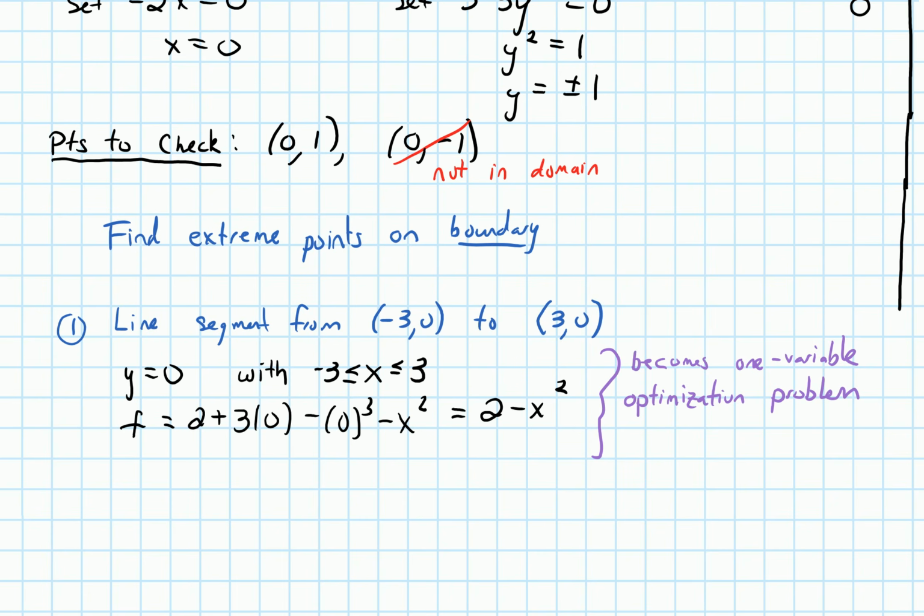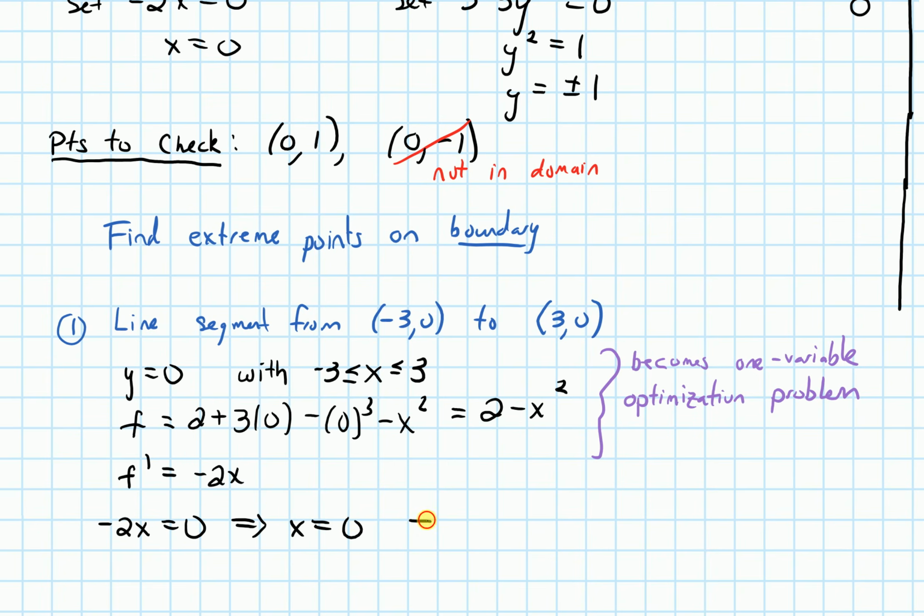So the way we found max and min points, if we think back, was by doing things like finding critical points. I'm going to take the derivative of f. The derivative of f would be negative 2x, and that's never undefined, so I'm not going to worry about that. I'm going to set it equal to 0, though. If I divide by negative 2, I get x equals 0.